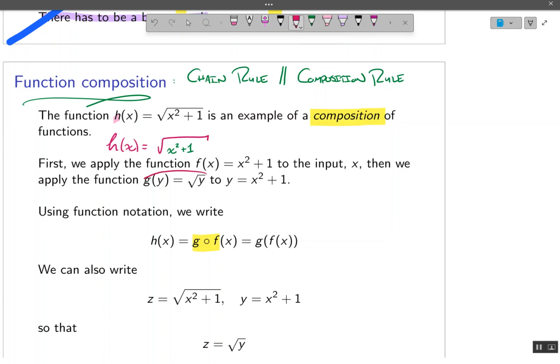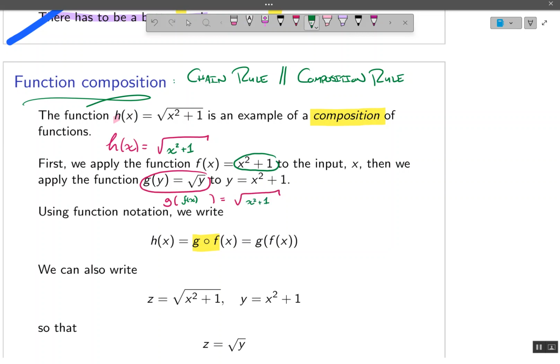The way they've written it right here is this function called g. So g of something equals square root of that thing. What we are putting into g is this function f. So if we put this guy into here, we have that.